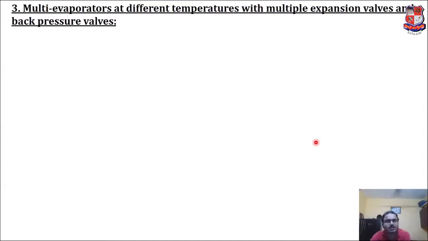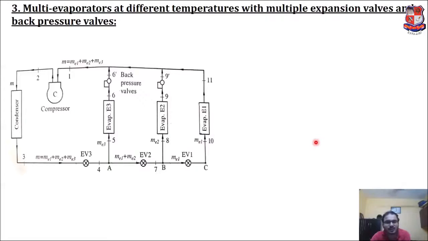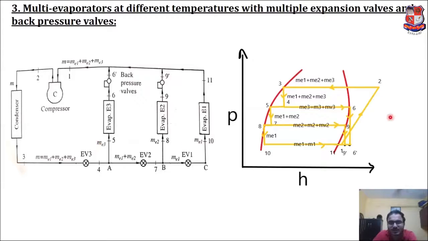The next is multiple evaporators at different temperatures with multiple expansion valves and back pressure valves. And here the new thing is that the vapor is taken along with the liquid refrigerant in evaporator 3 and evaporator 2. That is the only difference, and this is the p-h diagram for that.